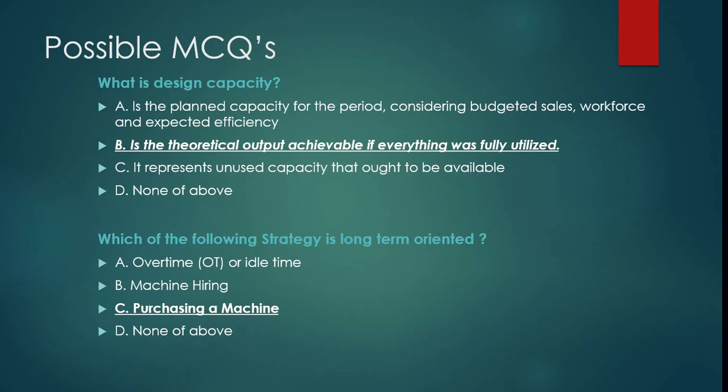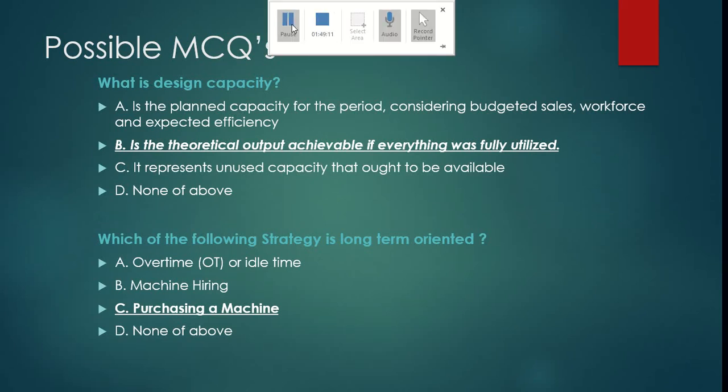So here I am asking what is the long-term oriented possible strategy. Overtime and idle time are short-term strategies. Machine hiring for temporary demand, we are taking this kind of decision, so it will be short-term. Purchasing a machine, we are incurring a higher cost, a large sum of money we are investing, which means it can be a long-term strategy. So purchasing a machine will be the suitable answer for this particular question.